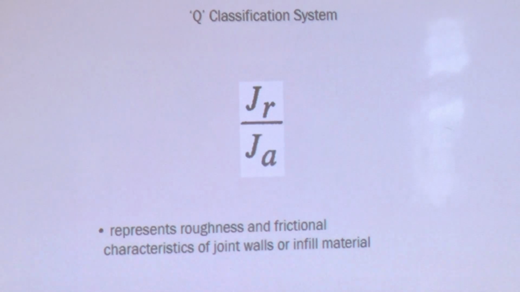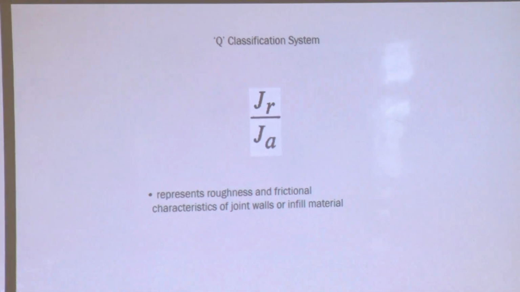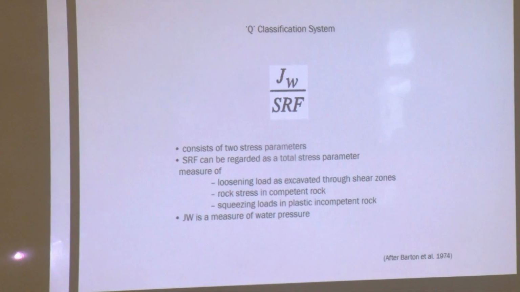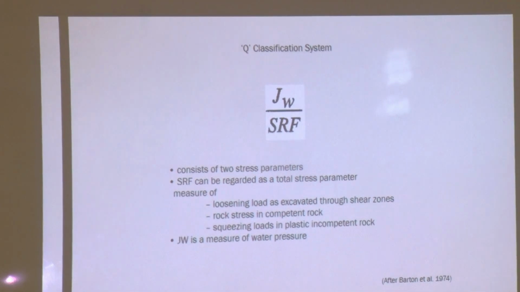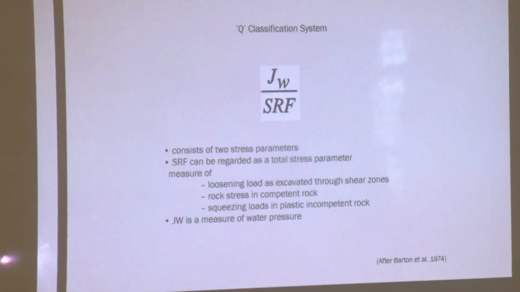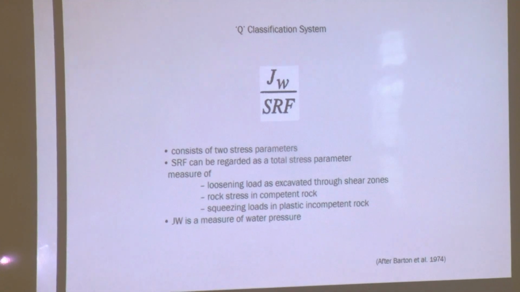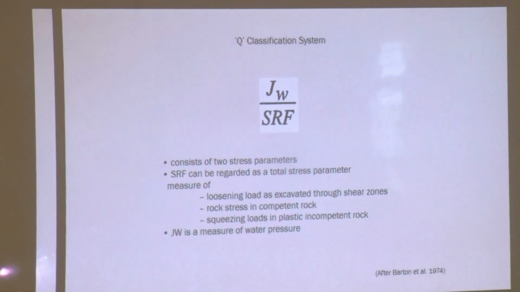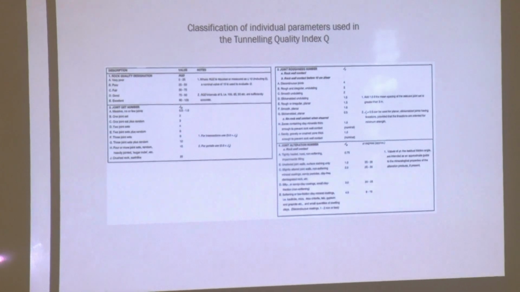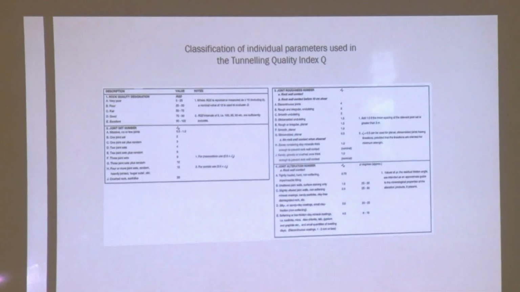Similarly, Jr by Ja will represent the roughness, frictional characteristics, or shear strength characteristics of the rock mass. And the last, Jw divided by SRF, basically tells you about the external loading condition due to the presence of flow of fluid. So they have not taken care of joint orientation. This is one of the major limitations of the Q system, though in different projects it has worked fine.